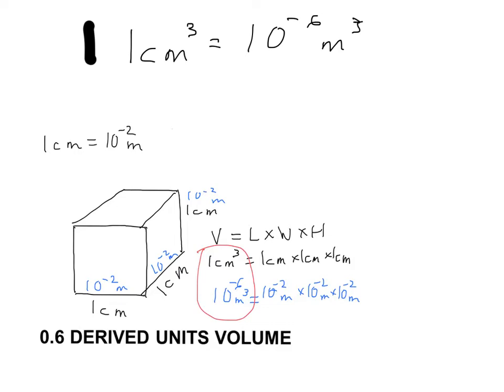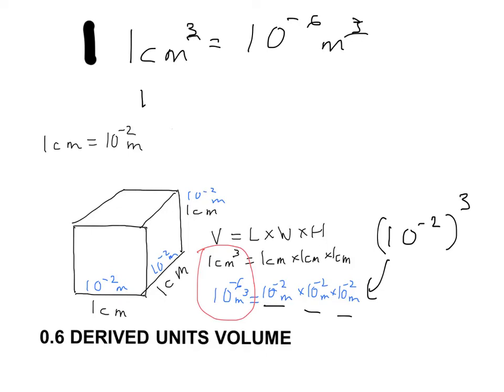Mathematically, what we were doing here was multiplying 10 to the negative second meters by itself 3 times. You can write that operation of multiplying a number by itself 3 times as cubing it, which is exactly what we did to the units.